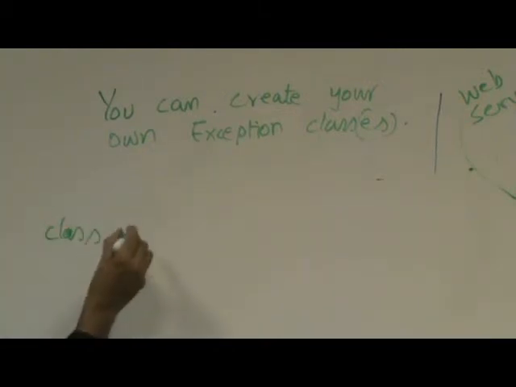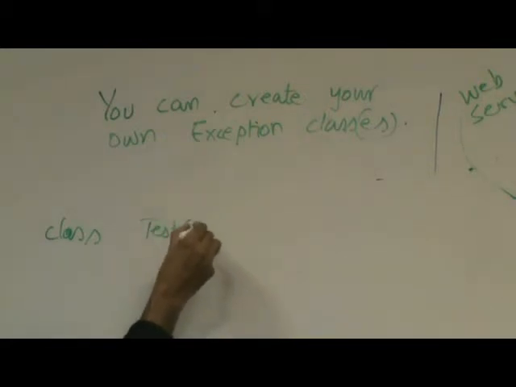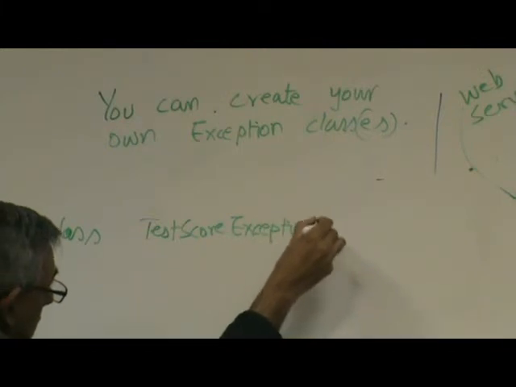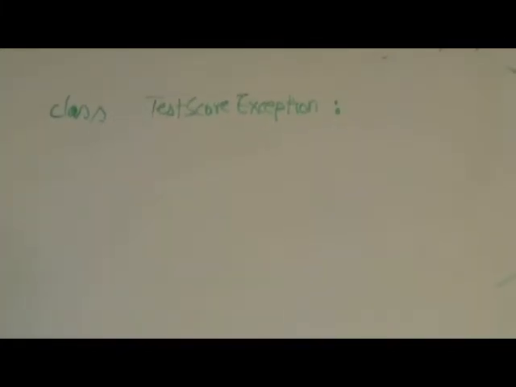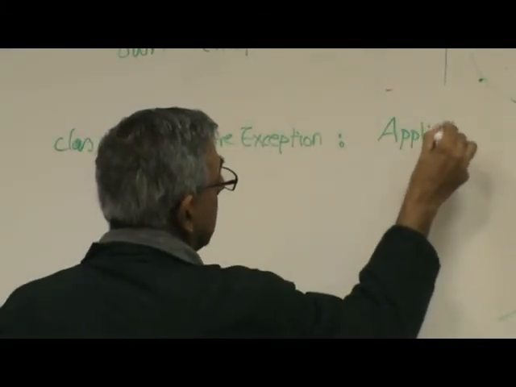Okay. For example, just to demonstrate one of those cases, suppose we say class test score exception. Now the rule is, if you're creating your own exception, we inherit it from a class called application exception.